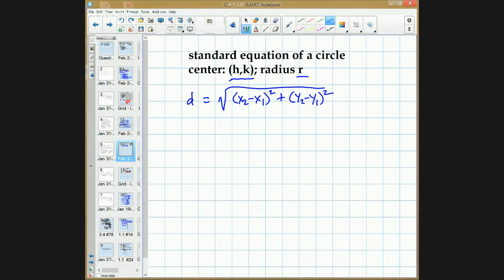Okay, now, in this case, the equal distance is the radius. The difference now is our 2 points are X and Y, and the other point is the center, which we're saying is H comma K. So where X2 is, we'd have an X, where X1 is an H, this would be Y2, Y1.